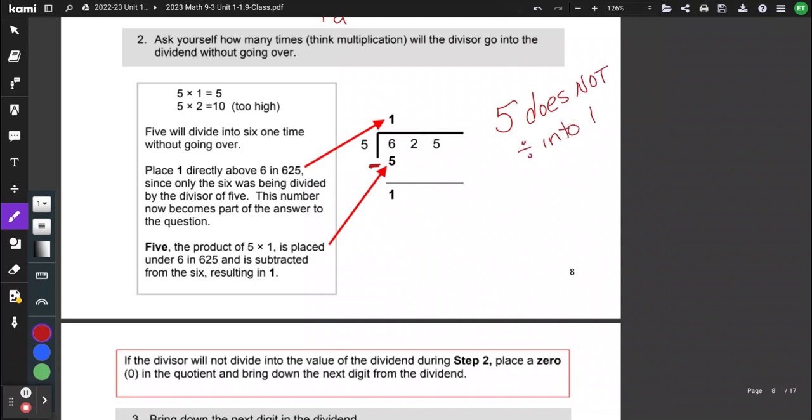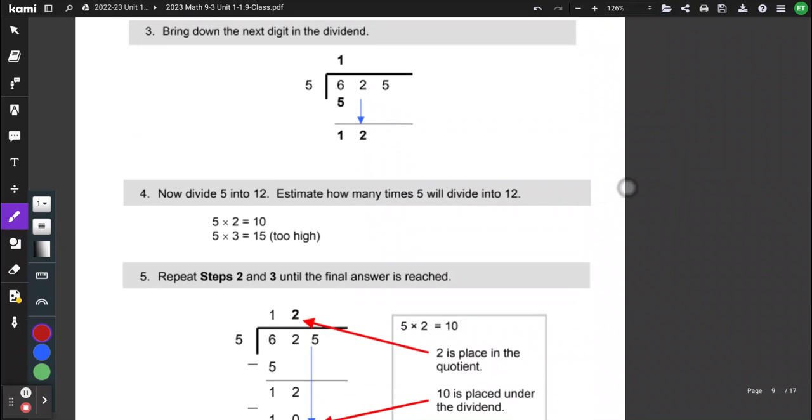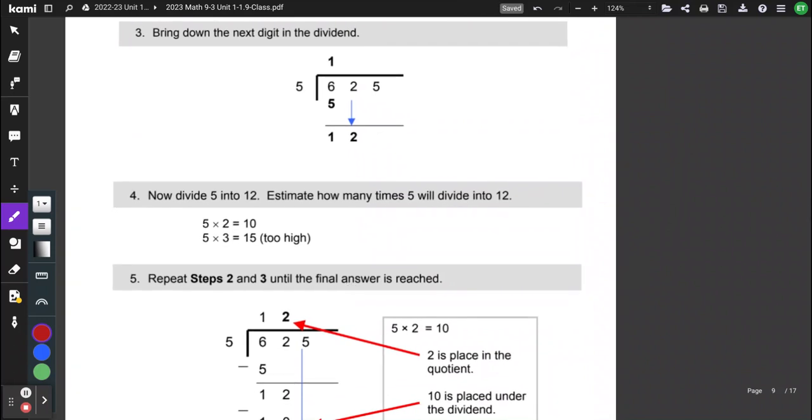That means you bring the next number down, the 2, and now you divide into those 2 digits. Turn your page, it's showing that. All these pages look like a lot of work, but it's actually not. All of this is just explanation for you. They're showing how they brought the 2 down to make 12.